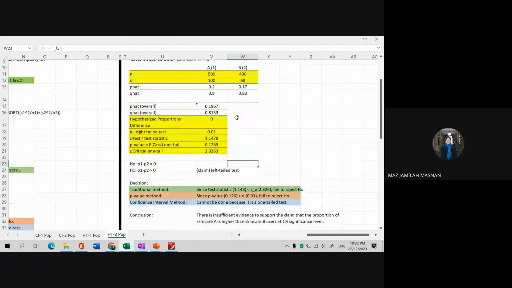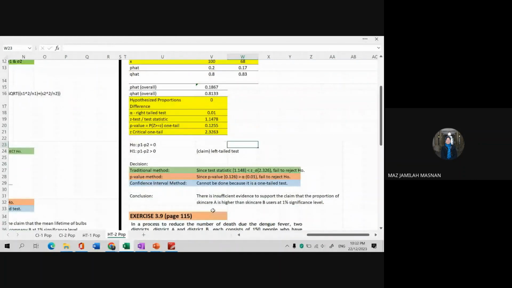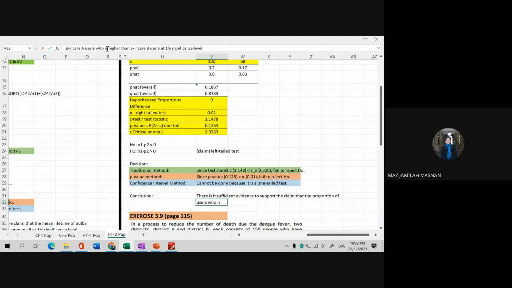I think the words "switch to another skincare" are left out, so you can add: there is insufficient evidence to support the claim that the proportion of skincare A users who will never switch to another skincare is higher than skincare B users at 1% significance level.